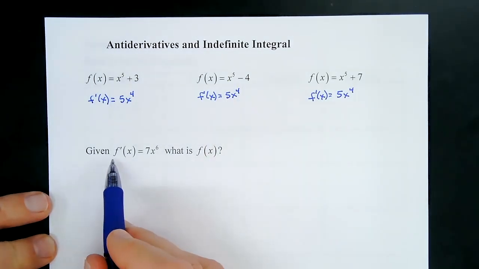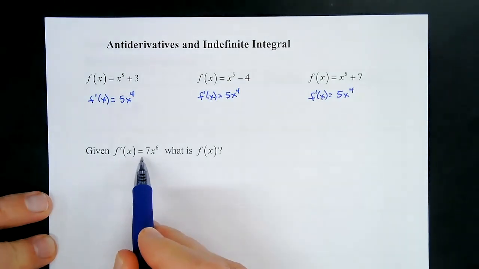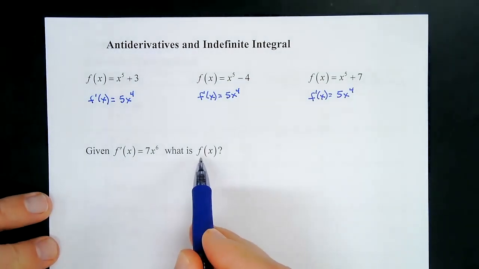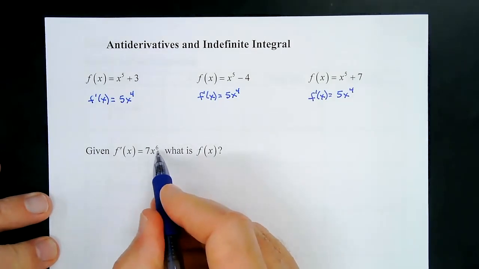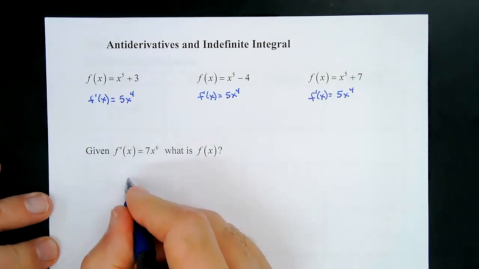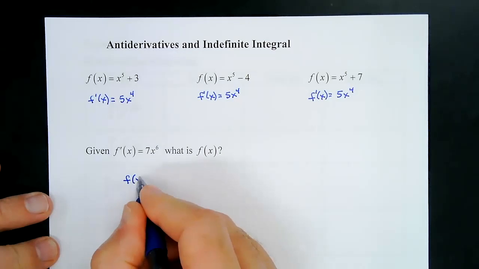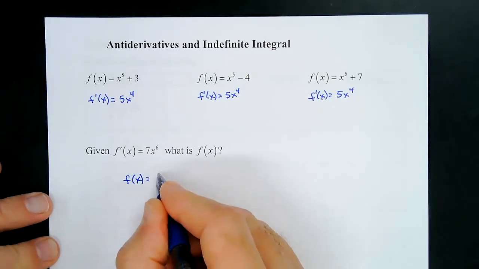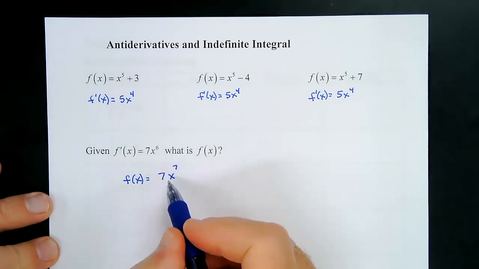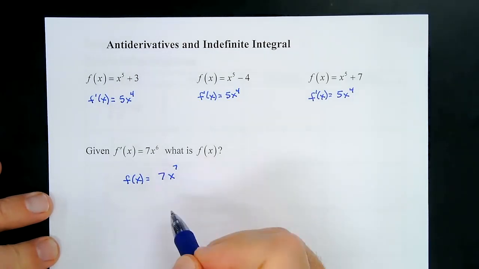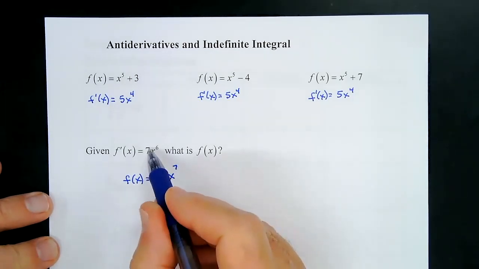So if you look at this, given f prime of x is equal to 7x to the 6th, what could f of x have come from? Well, we're going to add 1 to the power, right? So that means f of x could have been 7x to the 7th, because to get this derivative, this had to go down by 1. And how do I get rid of this 7?